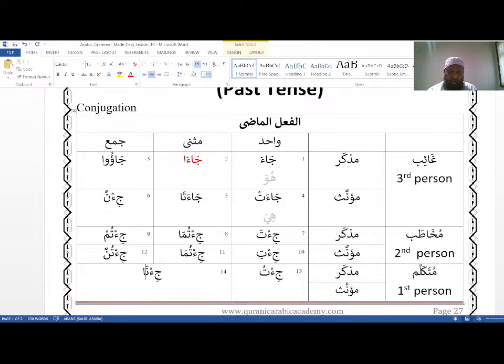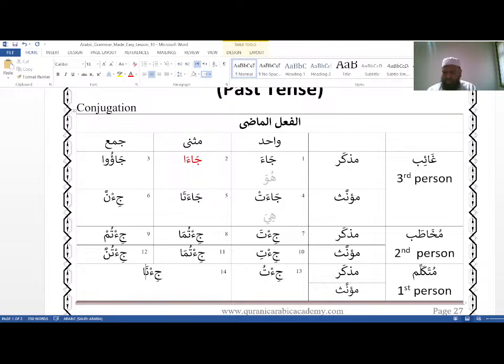And كان كانا كانوا كانت كانتا كنا كنت كنتما كنتم كنتِ كنتما كنتن كنت كنا. جاء جاءوا جاءت جاءتا جئنا جئت جئتما جئتم جئتِ جئتما جئتن جئت, I came, جئنا, we came.